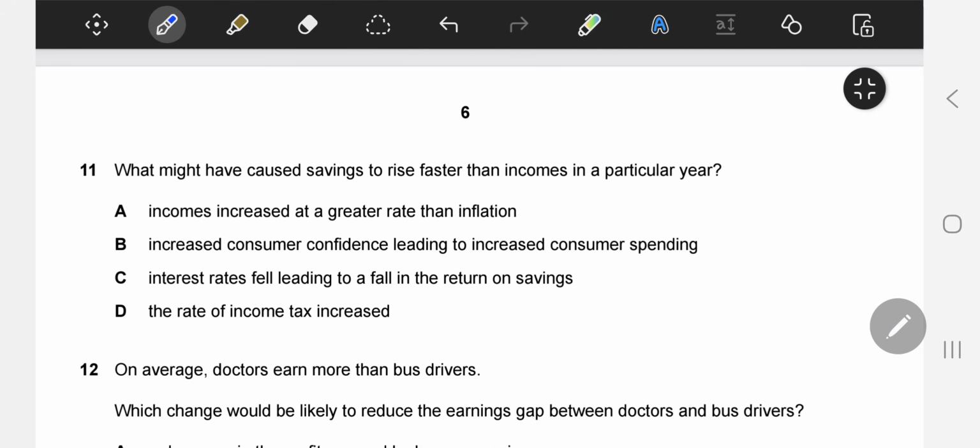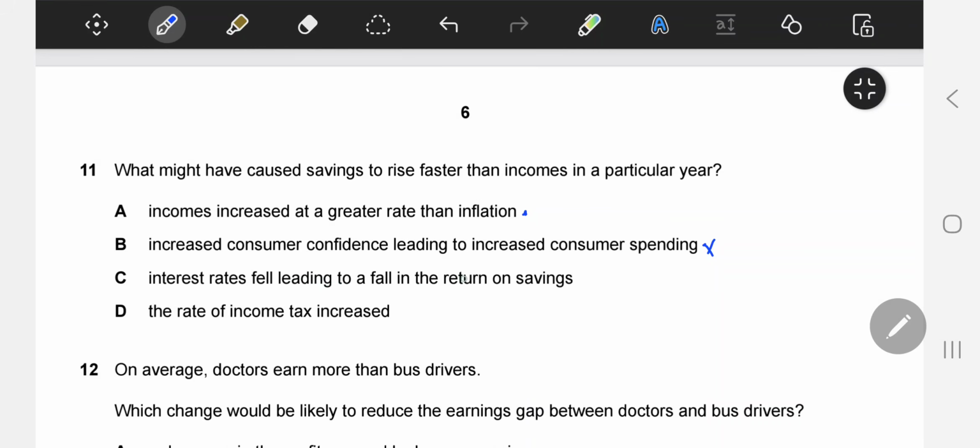What might have caused savings to rise faster than incomes in a particular year? Income increased at a greater rate than inflation. That's a possibility. Increased consumer confidence, leading to increased consumer spending? If they spend more, they're not going to be able to save. Interest rates fell, leading to a fall in return on savings?